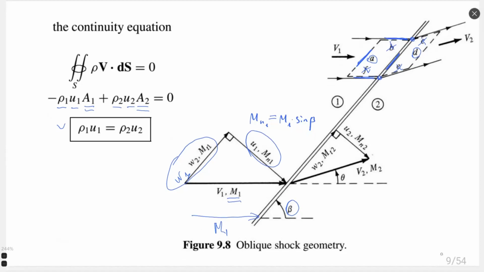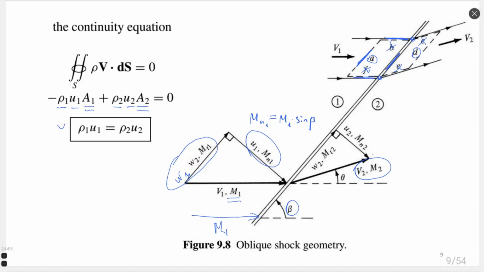So let's go back to this picture. Just a few more comments about this discussion. We also have to split our Mach number M2, which we receive after the oblique shock wave. It will be split in the same way as we had for the Mach number before the shock wave.